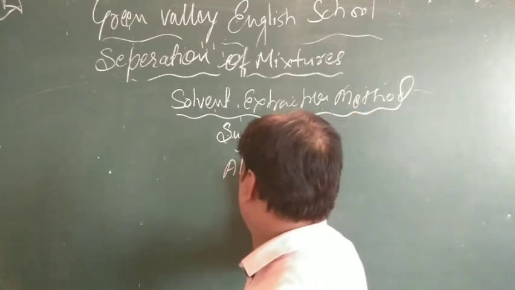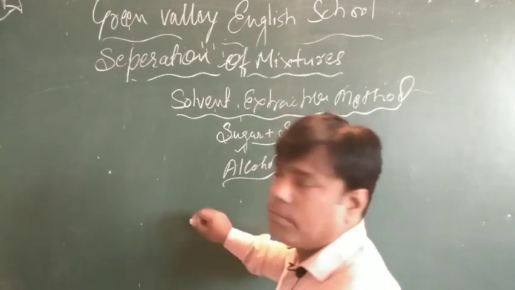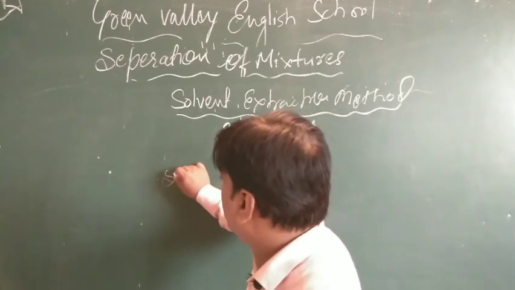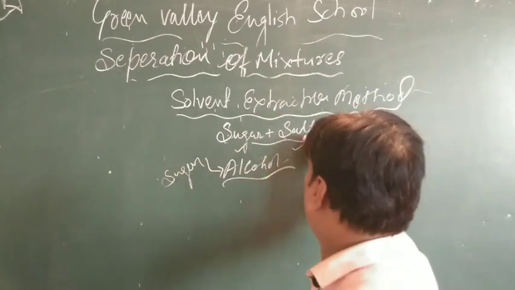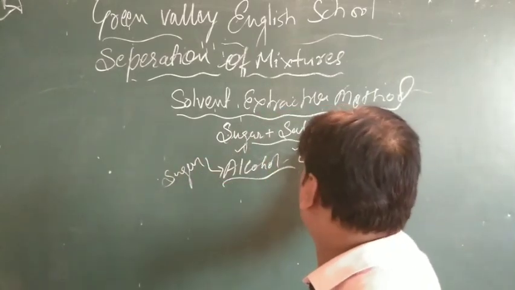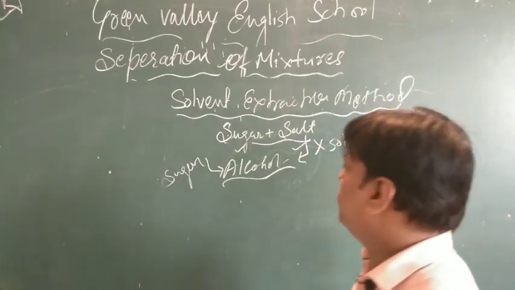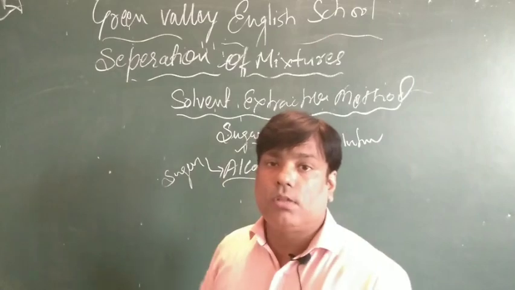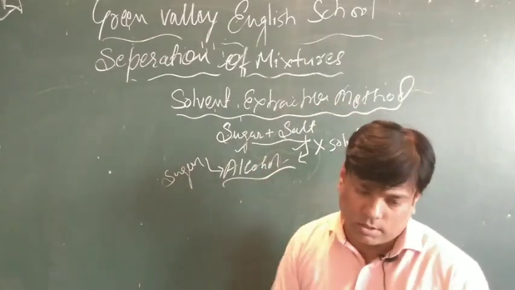Now we will use alcohol. Why? Because sugar is soluble in alcohol, but salt is not. So with the help of a suitable solvent, you can separate a solid from a solid substance.